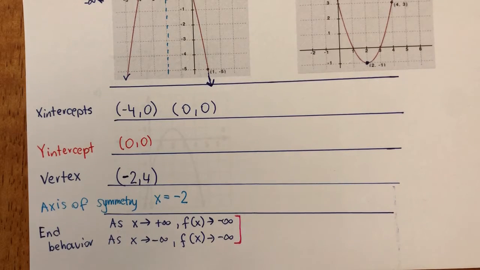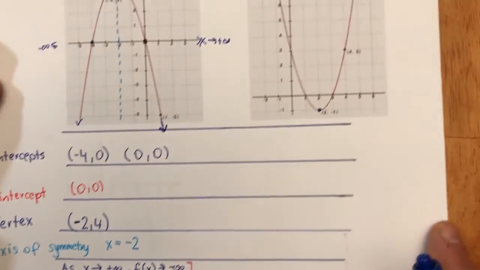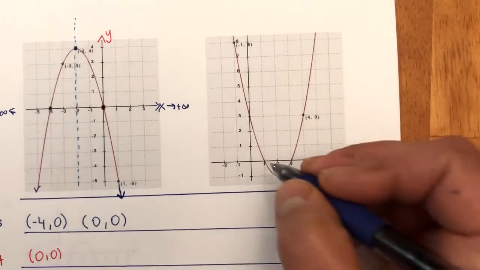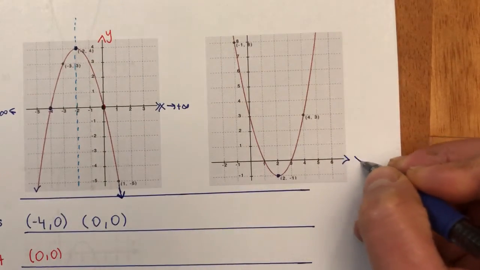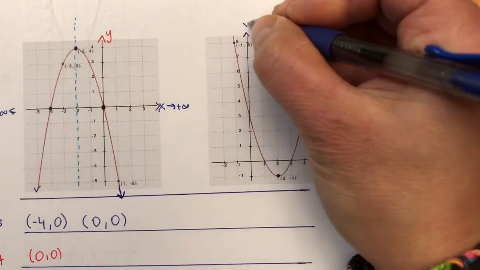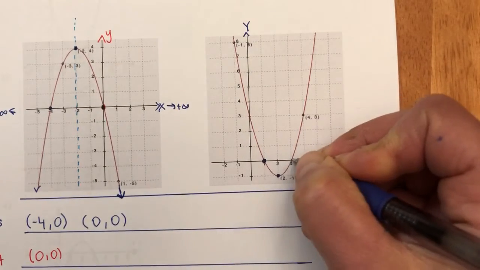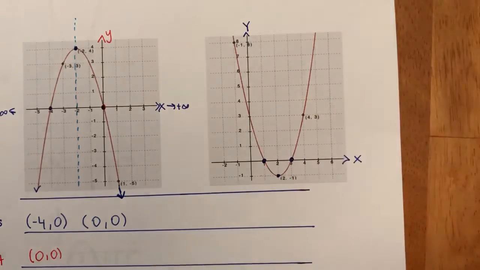Let's see how the second example is going to work for us. We are going to do the same thing. So x-intercepts, let's take a look. We know that this is our x-axis. We know that this is our y-axis. So the x-intercept is here, and then the second x-intercept is here.